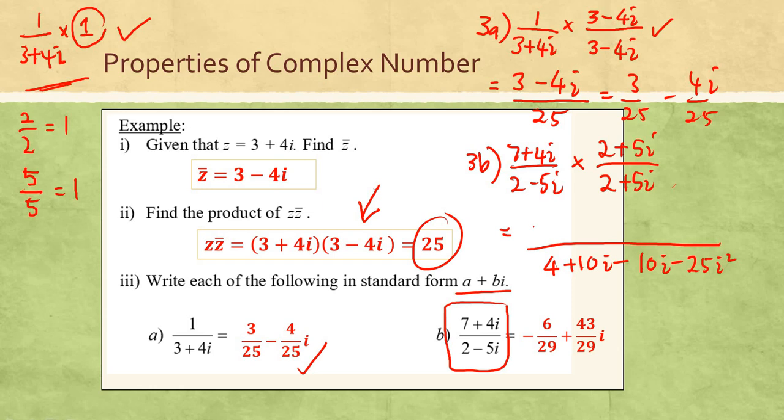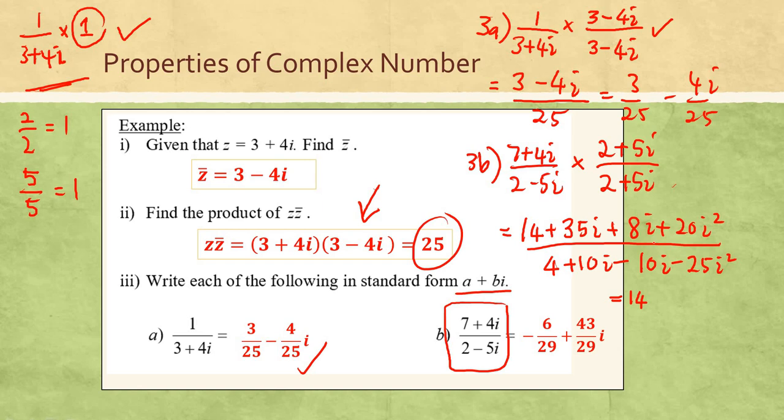On top, 7 times 2, 14 plus 7 times 5, 35i, 4 times 2 plus 8i, and then 4 times 5 plus 20i squared. Okay, don't cancel here and here, wrong. It's a sin to do that. Okay, solve on top first and then solve at the bottom. Not enough space.